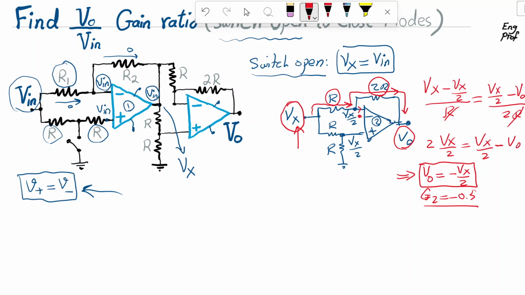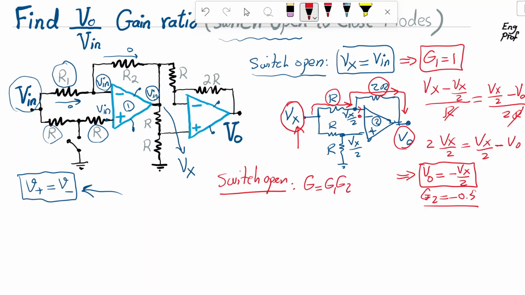Because the gain of the first op amp is 1 and the gain of the second op amp is negative 0.5, in summary, when the switch is open, the total gain is gain 1 times gain 2, which means the total gain is just basically minus 0.5.